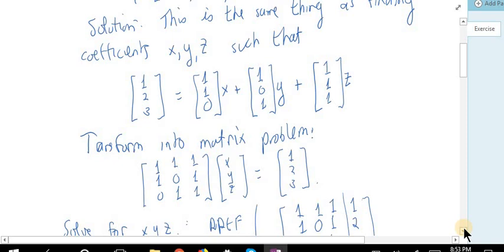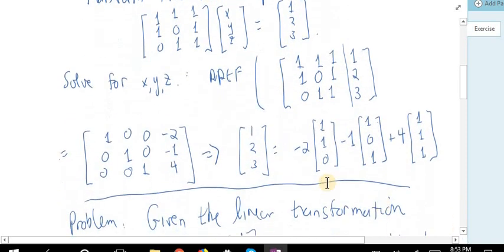So here I just went through the steps. These are very common steps. You take the REF of the augmented matrix, you get the result, pull out the result, and you get the linear combination here. The -2, -1, 4 comes from here. All right, so that's how you solve that type of problem.